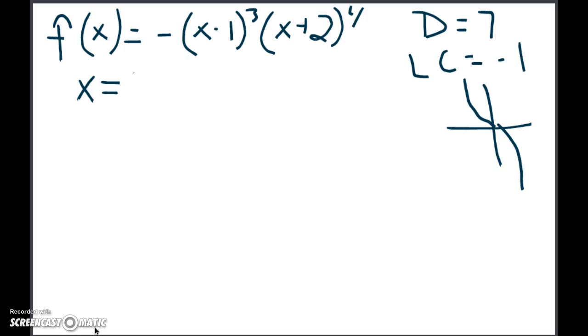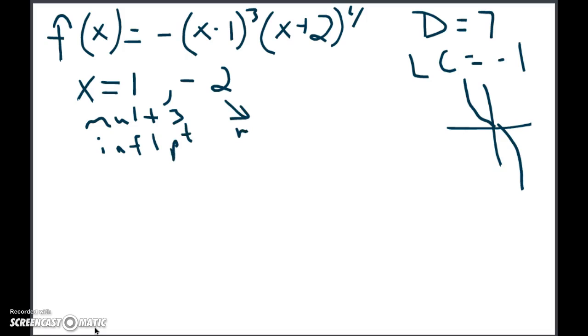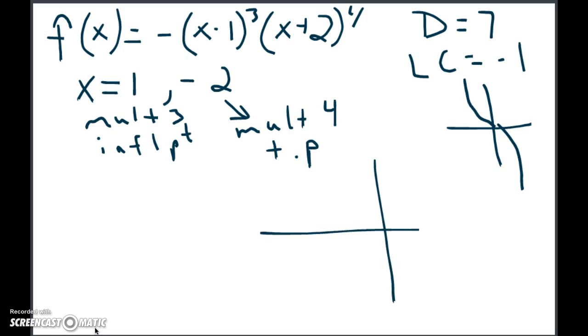So the zeros are 1 and negative 2. This 0, 1, has multiplicity 3, so it's an inflection point. This 0, negative 2, has multiplicity 4, which is even, so it's a turning point. So when I graph this, I know the zeros are negative 2 and positive 1.